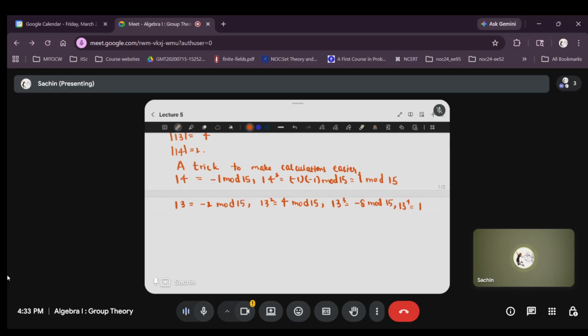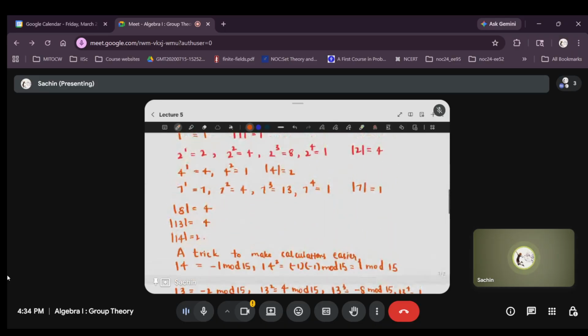But subtracting n doesn't change the number as far as modular arithmetic is concerned. So a mod n will be the same as a minus n mod n. So instead of dealing with 14, you can deal with 14 minus 15, which is minus 1. And instead of 13, you can deal with 13 minus 15, which is minus 2.